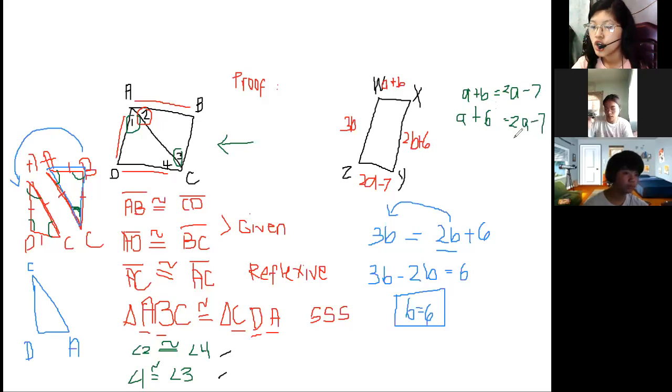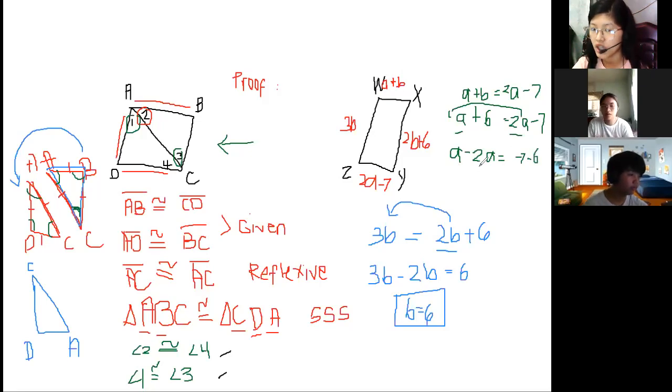So, dito, ganun din, para makuha natin yung value ng isang variable, ang kailangan natin is combining like terms. So, ililipat natin yung positive 2A magiging negative 2A. And then, negative 7, tapos yung positive 6, pag nilipat, magiging negative 6.